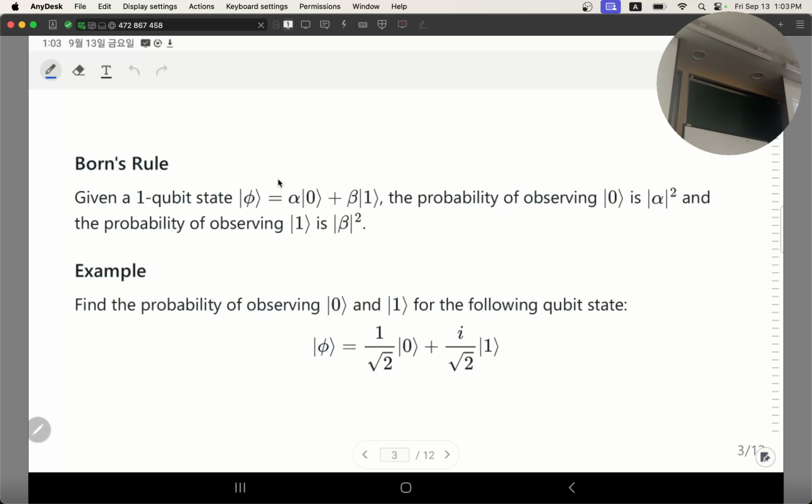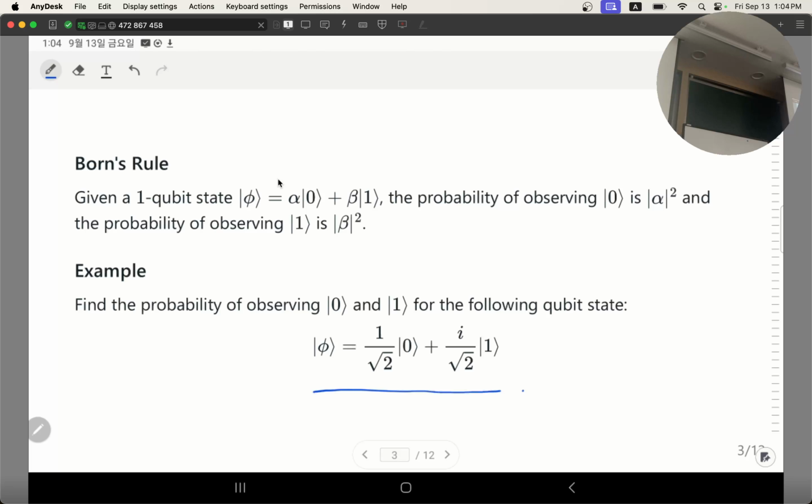So what does that mean? It only means, in a mathematical sense, that if you have a quantum state like this one, you have a 50% chance of observing 0 and a 50% chance of observing 1. It doesn't determine your observation, it just gives you the probability of your observation.